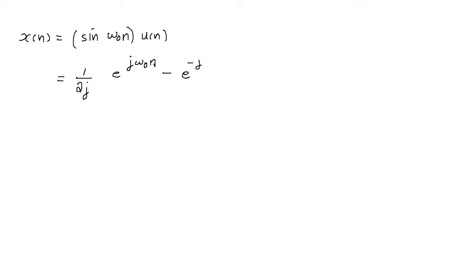In the same way, you can find the z transform of our second signal, that is sine omega 0 n u of n, as explained in the previous example. One can write the sine function as 1 by 2j, e raised to j omega 0 n minus e raised to minus j omega 0 n, u of n.